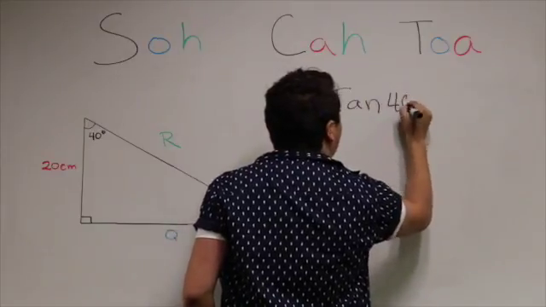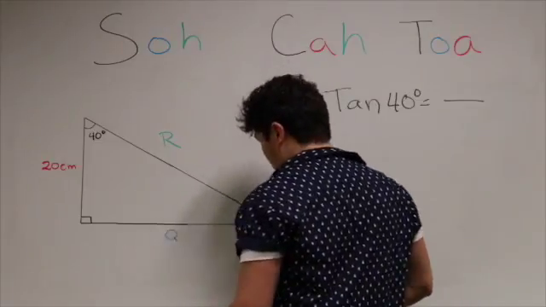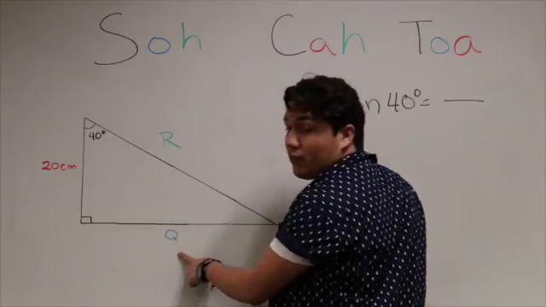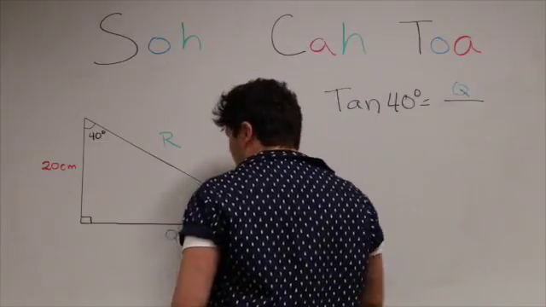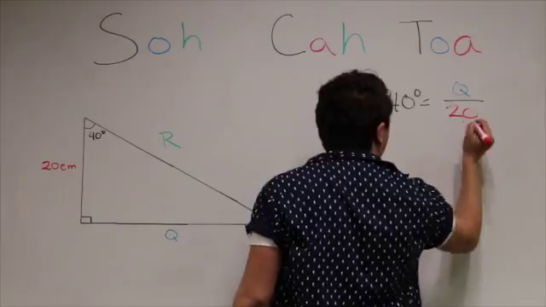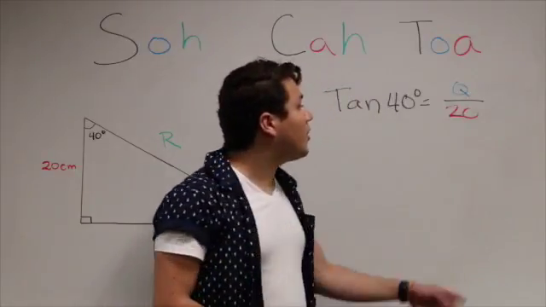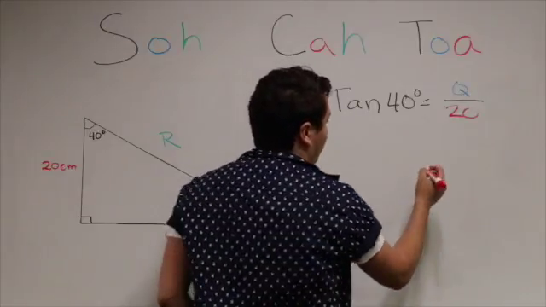Tangent of 40 degrees is equal to opposite, which is q, over 20, which is the adjacent side. Alright? So now we're going to multiply 20 to both sides to get q alone.